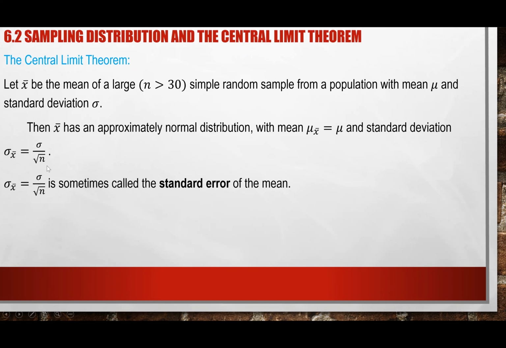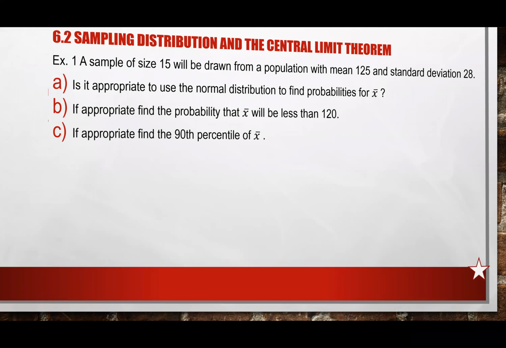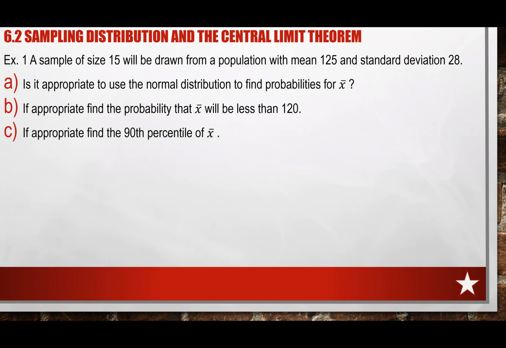Before we do the calculation, you will see that it is very identical to 6.1. But before we do that, let's take a look at when we can use the normally distributed bell-shaped curve of 6.1 and apply it to the problem.